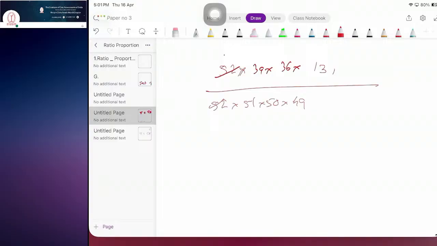Do the calculation. 18 times 36, that makes 25. So the final answer will be 39 multiplied by 18 multiplied by 13 divided by 51 multiplied by 25.